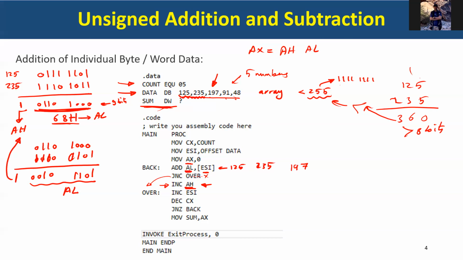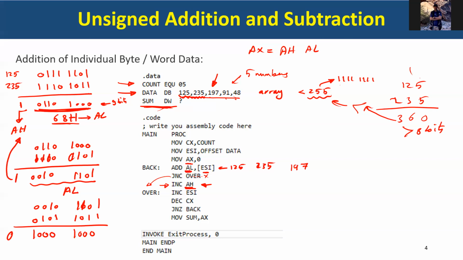Then you add the 91, so you take the previous result and add to it the 91, which is 1101 1010 here. If you add, this will be 1000 1000, and the carry is 0.